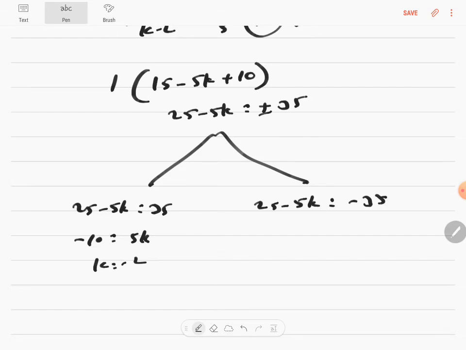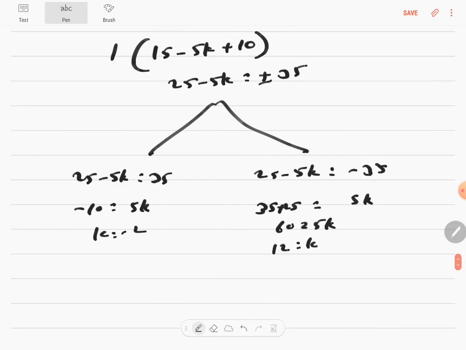Then 5k can be taken that side, 35 can go here, plus 25, which itself is 60, is equal to 5k, and k is equal to 12. So you have k as minus 2 and 12, so D is the right answer.